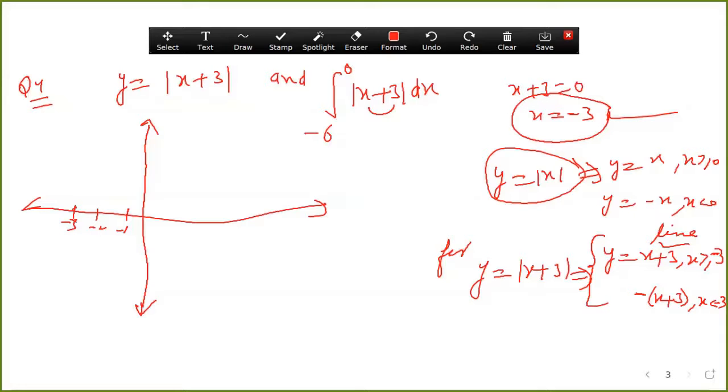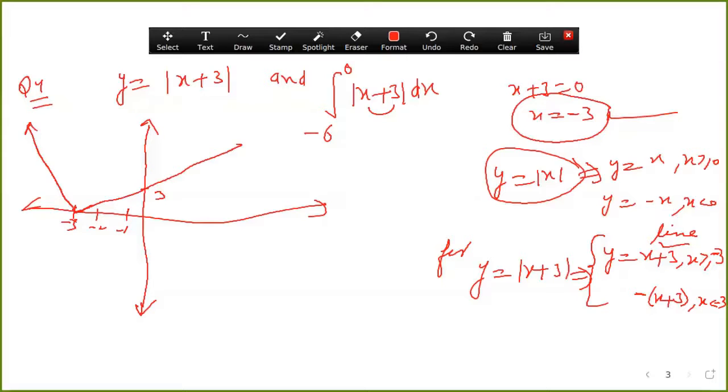You will get a line like this up to minus 3. This is the graph of y is equal to minus of x plus 3. And the second line will be like this. This point will be 3. This line you will get like this.